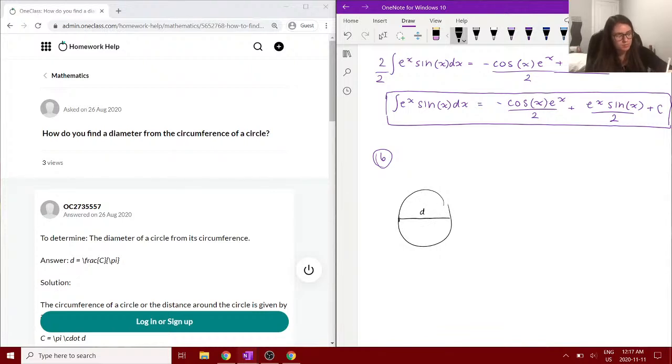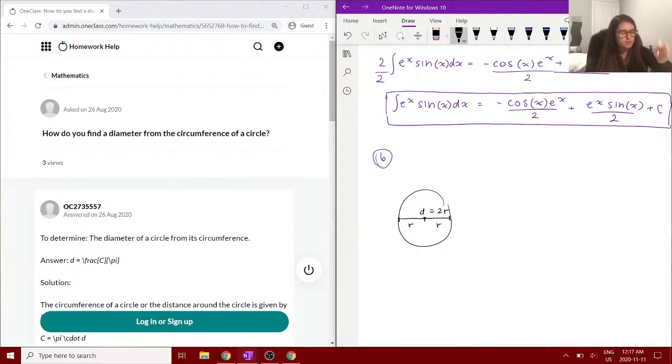So the distance from one side of the circle to the other through the middle. We know that the diameter is the same thing as 2 times the radius. So if you split that down the middle in half, you have diameter is equal to 2 times the radius.